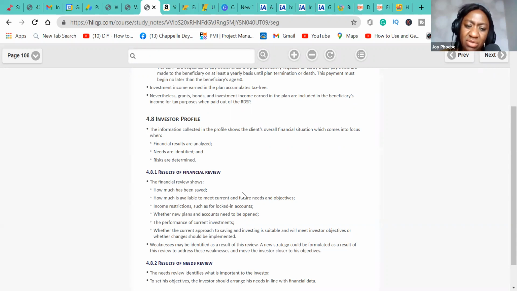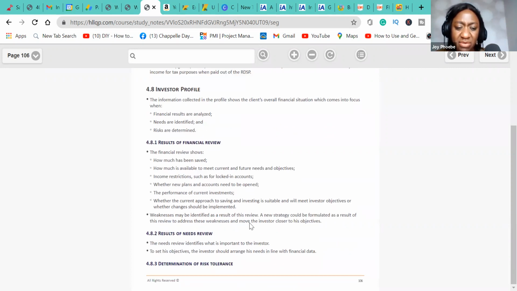Results of financial reviews: the financial review shows how much has been saved, how much is available to meet the current and future needs and subject to income restrictions such as locked-in accounts, and whether new plans and accounts need to be opened, the current performance of the current investment and all those things.